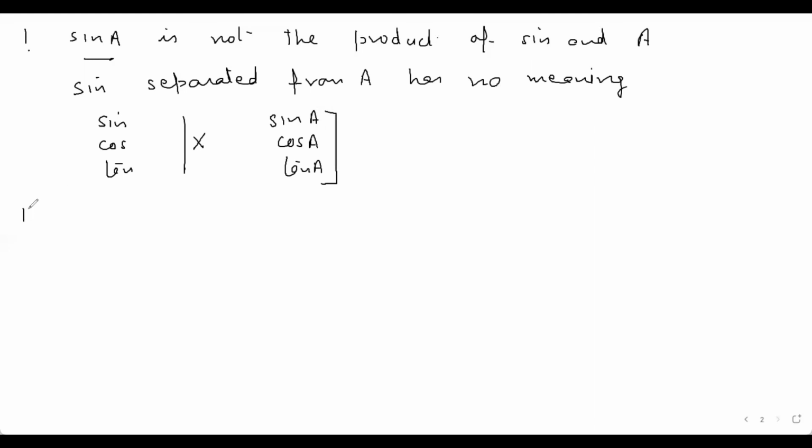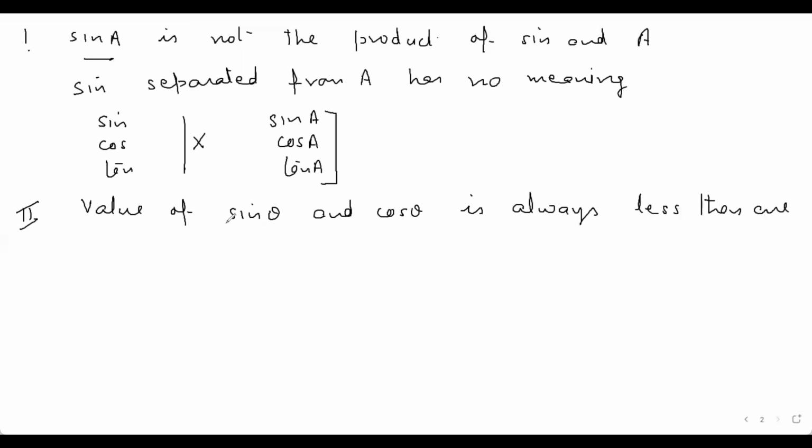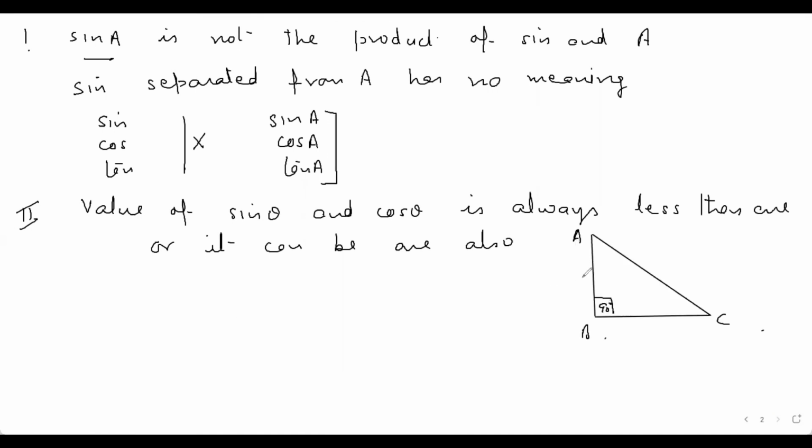The second point is that the value of sin theta and cos theta is always less than 1, or it can be 1 also. Now I'll explain why. This is a right angle triangle. If this side is 3 and this side is 4, we know that this side is 5. Hypotenuse is the longest side.